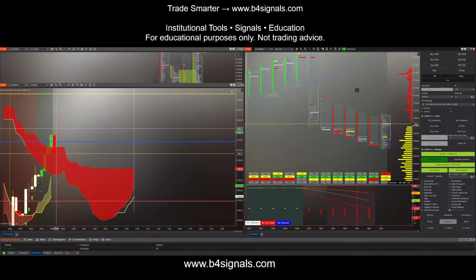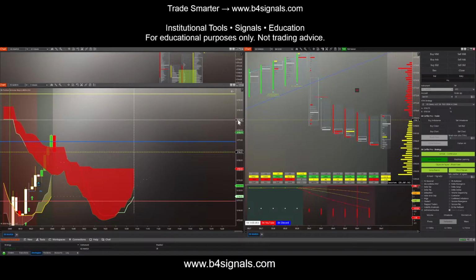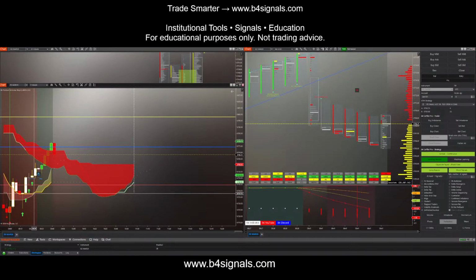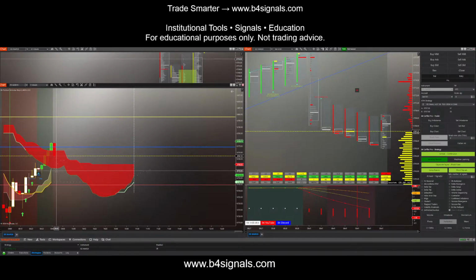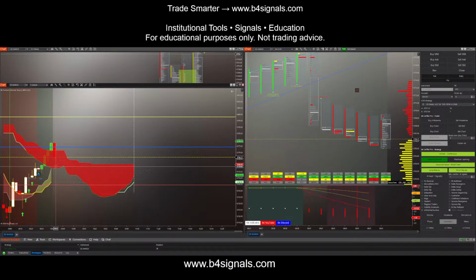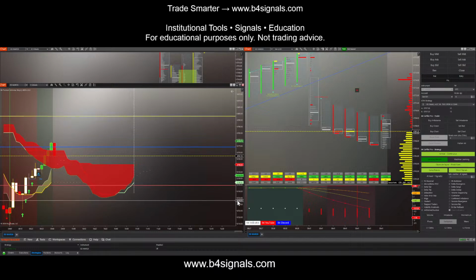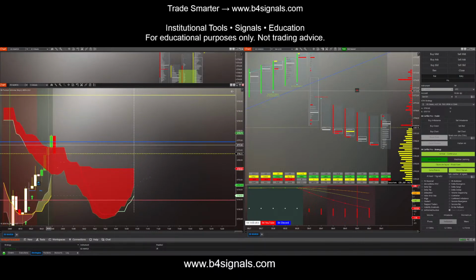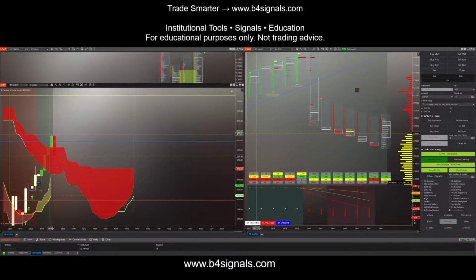So what we know from those kiss dots is we had a TK cross here, and we know it's time for price to come back and kiss the Tenkan-sen. And there's a difference between this normal kiss dot and this one.